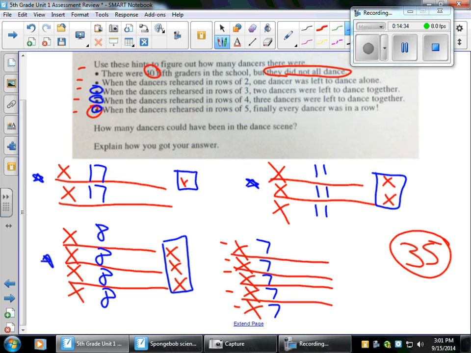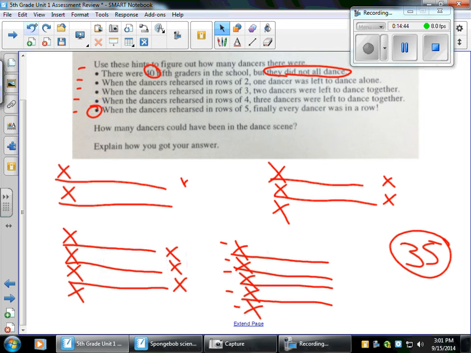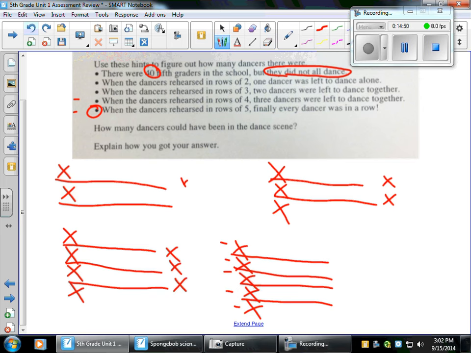If you were to do the number 30, for example, let's take a look at what 30 would look like. Since I was lucky with the first number I picked. The number 30, I'll use green this time. If they're in 5 rows, I have 6 in each row.